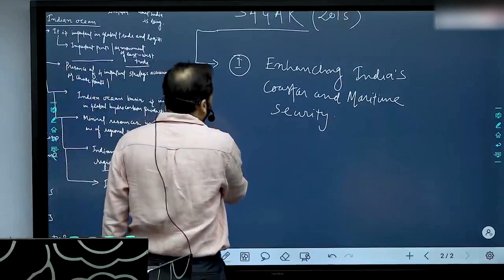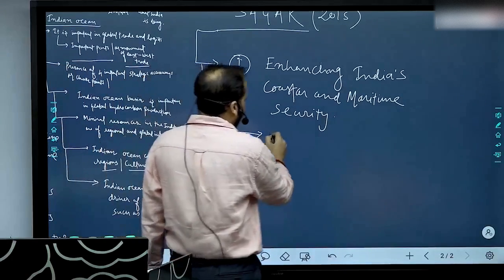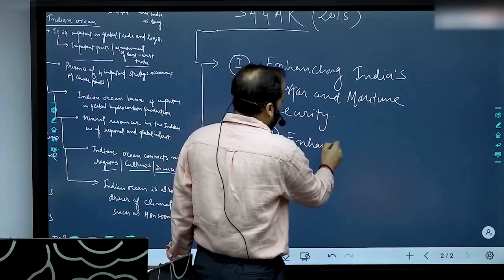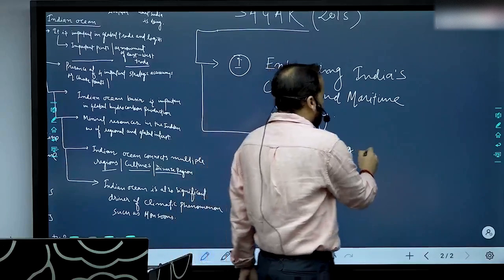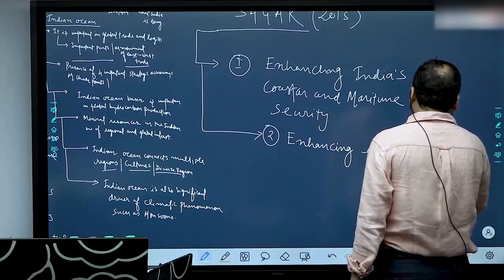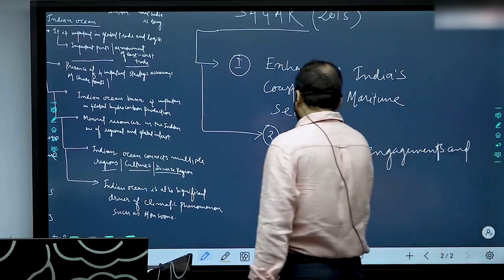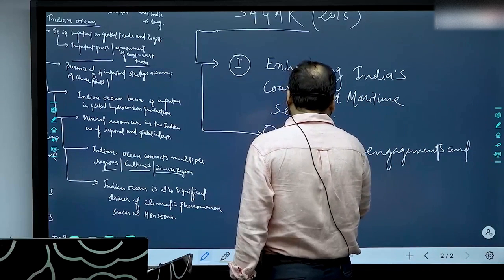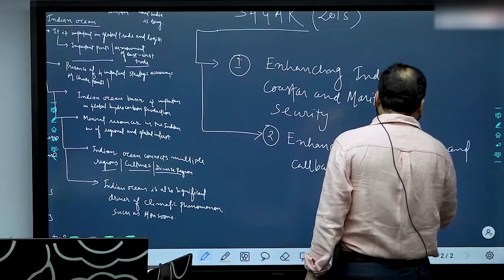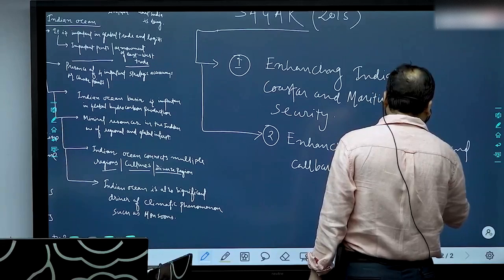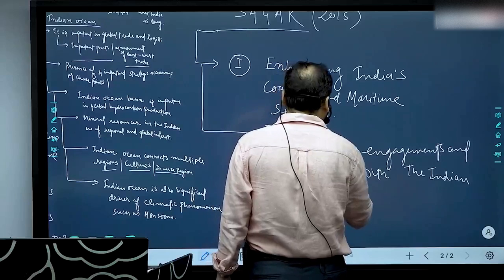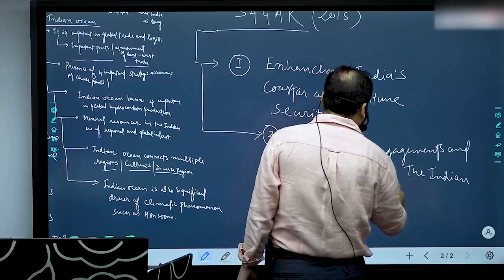And then enhancing engagements and collaboration with the Indian Ocean region countries.